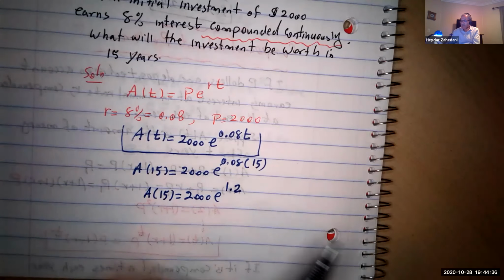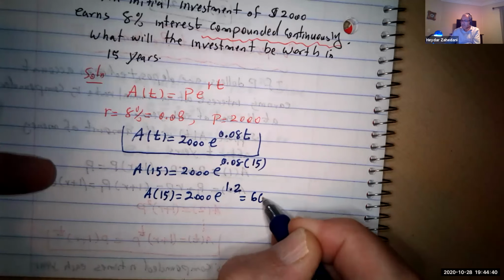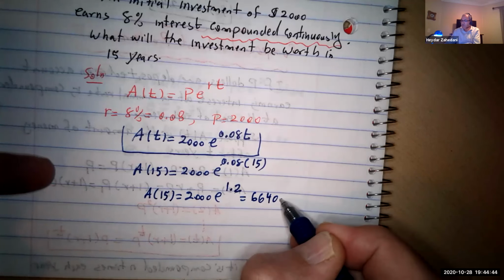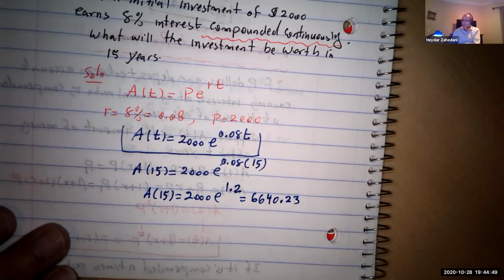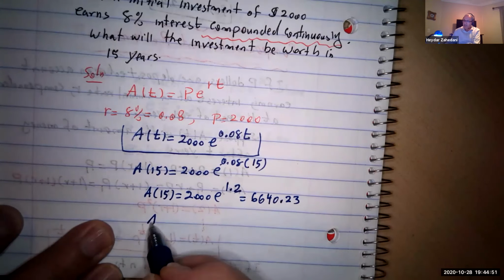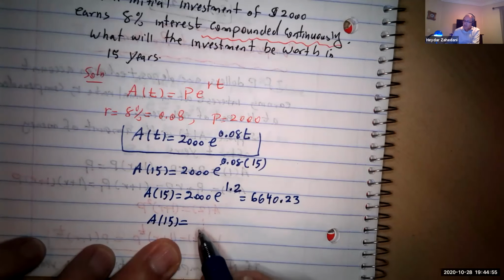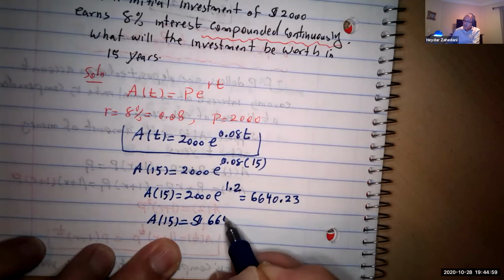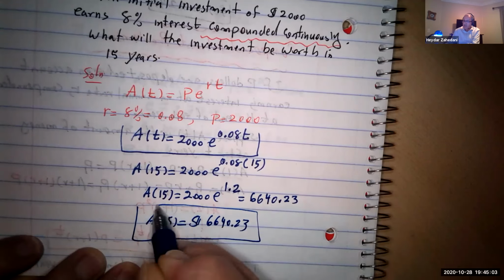That's going to be 6,640.23. It's money, so we go with 2 decimals. So the money in the bank after 15 years would be $6,640.23, and you're done.